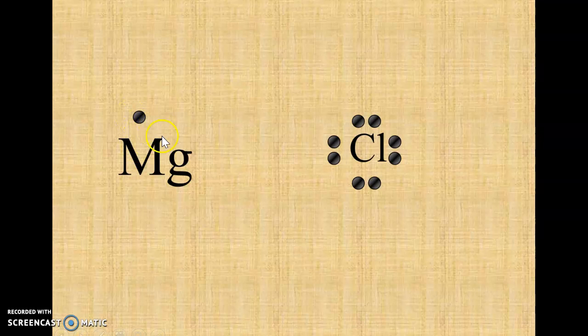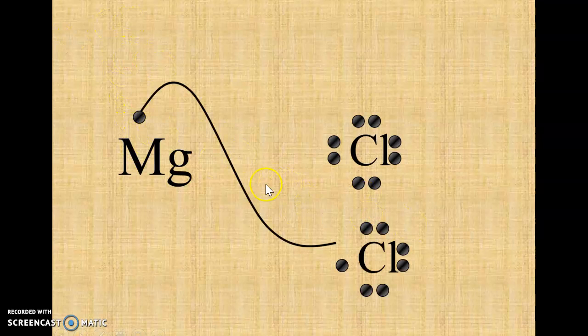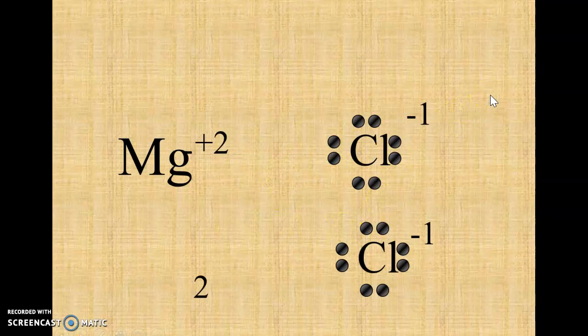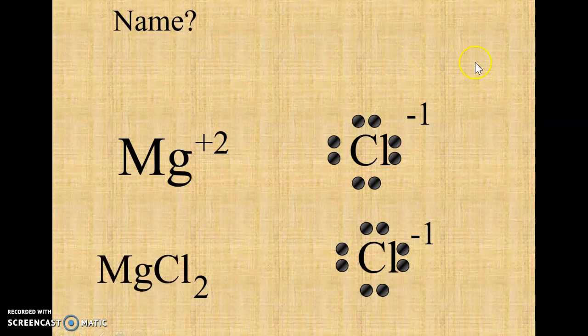Now magnesium is what's going on here. So now if we have 2 chlorine atoms, it can take that other electron from magnesium. That means that all 3 of these are going to have to bond together. Magnesium chloride, I believe. Yes, magnesium chloride.